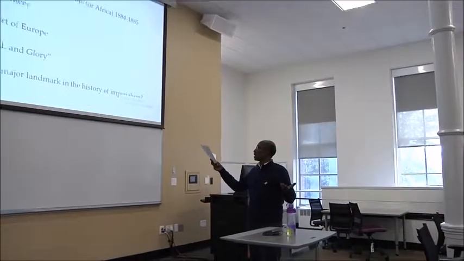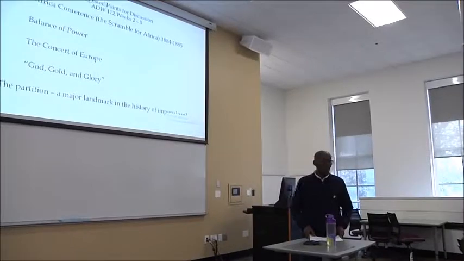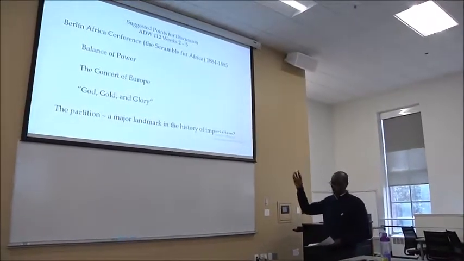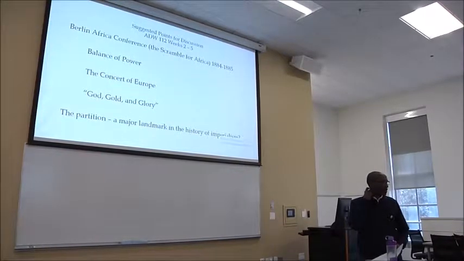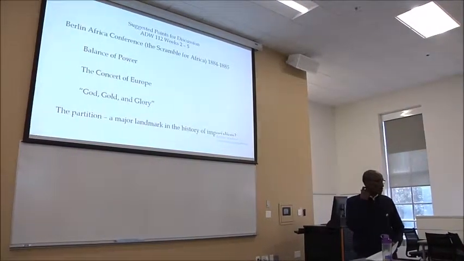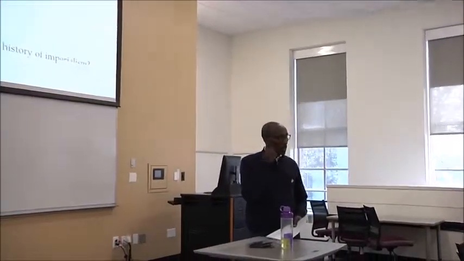Well, it looks like I don't have a whole lot to add to what Alex has already talked about, but there are a couple of points I would want to consider talking about in a classroom, ADW 112. One of them is God, gold, and glory. That is a representation quite often used among African scholars as a brief, short description that captures the relationship between Africa and European countries, and the colonization and the scramble for Africa that took place in 1884, 1885.